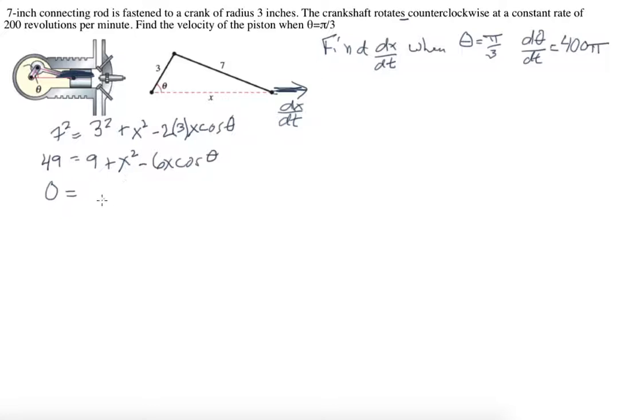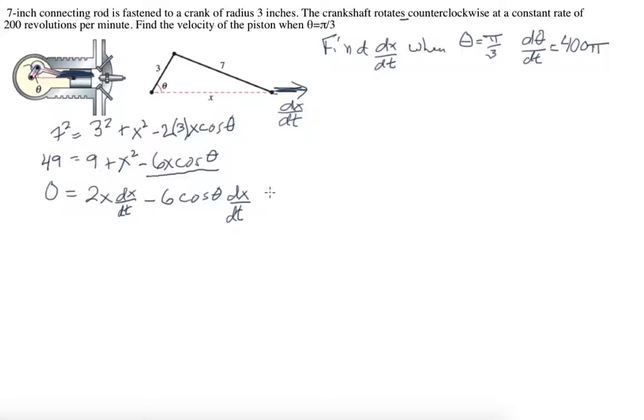Derivative of x squared with respect to time is going to give me 2x dx/dt. And on this piece here, we're going to have to use the product rule. And so we'll get negative 6 times cosine theta dx/dt. So that's when we take the derivative of x with respect to t, leaving cosine theta by itself.